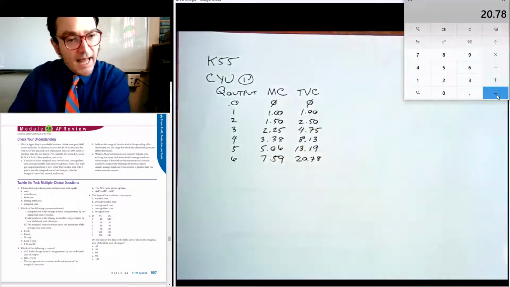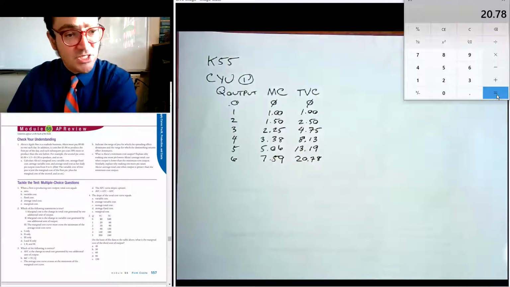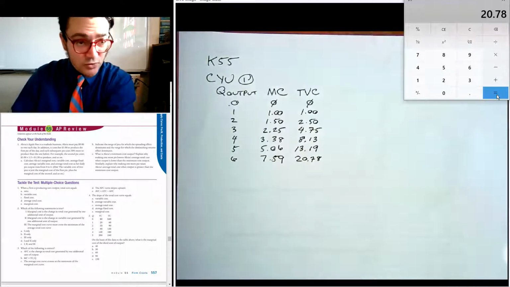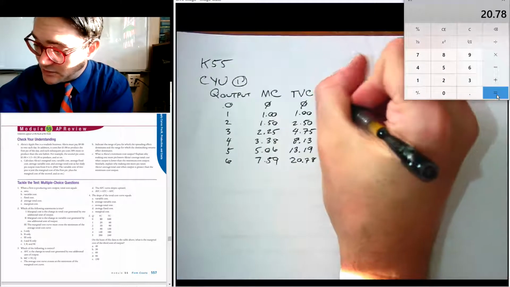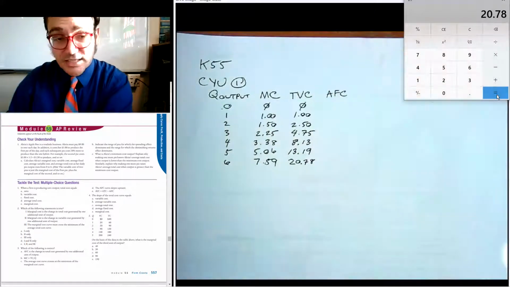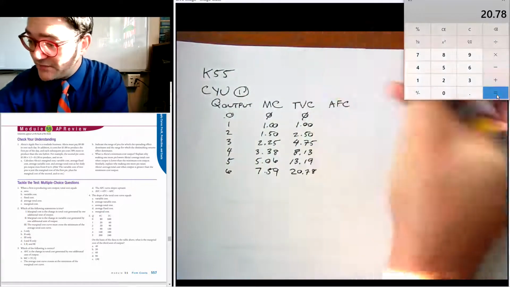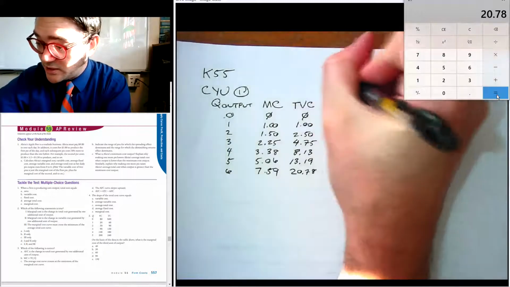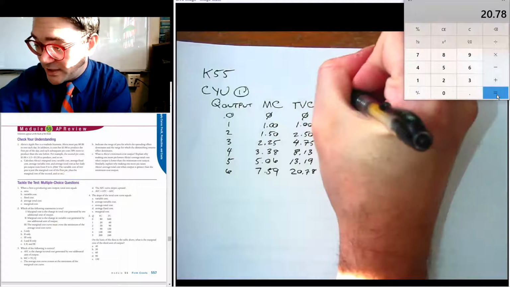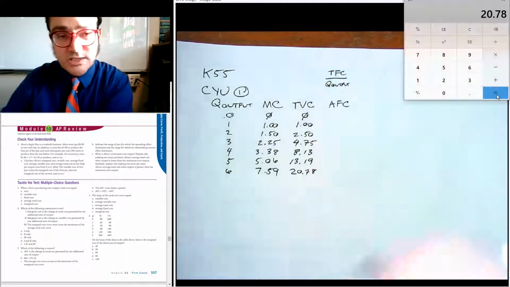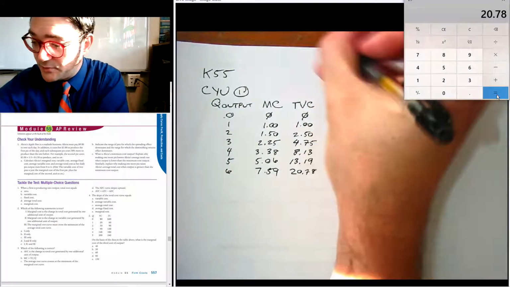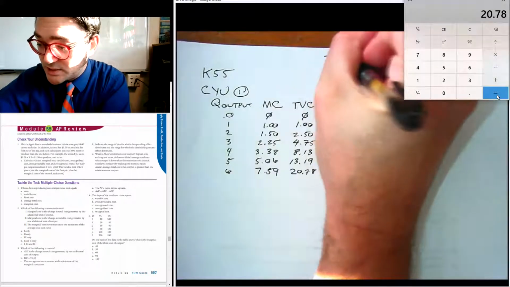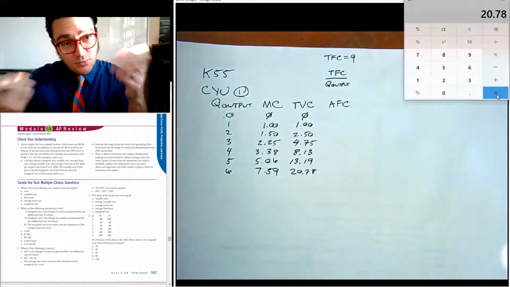Now, the next thing just says average fixed cost, average variable cost, average total cost. The average fixed cost is actually pretty straightforward. The definition is the total fixed cost divided by the quantity of output. And what's the total fixed cost? Well, 9. We know that fixed cost equals 9 because they tell us the rent is $9.